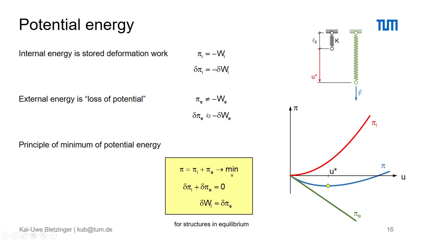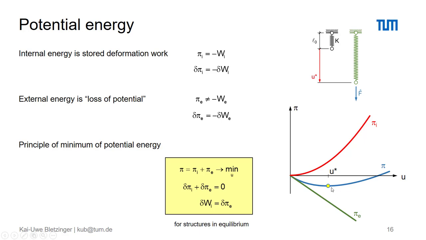If we take the variation of the external energy, however, we realize that it's also equivalent to the negative variation of the external work. The negative virtual external work is the same as the virtual external energy. And at the solution, at the final state where we have reached F hat and we have U star, the final deflection, we realize that it's determined by the minimum of the total energy, which is the sum of the internal and the external energy.